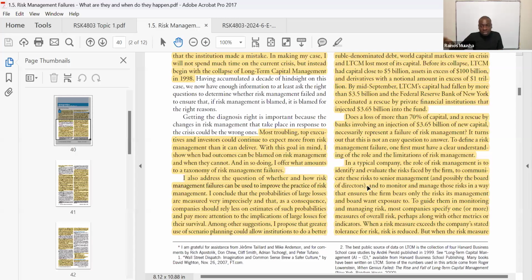The board is the one that decides exactly how much risk exposure to take. Afterwards, they need to monitor and manage those risks in a way that ensures the firm bears only the risk that its management and board want exposure to.